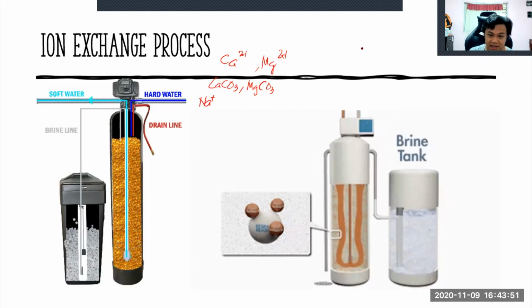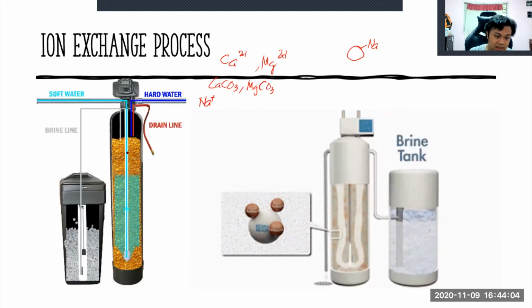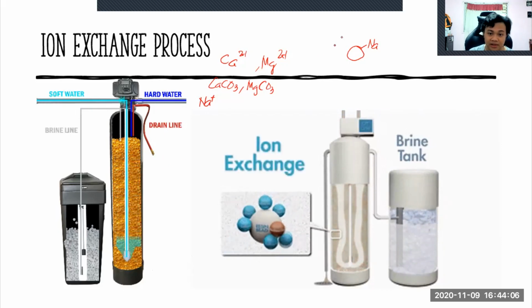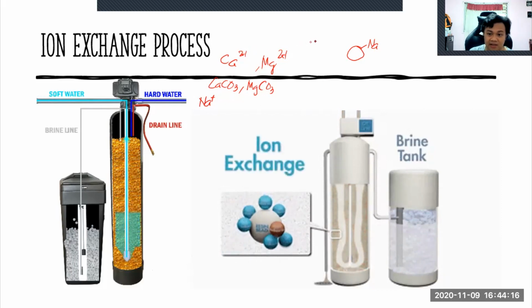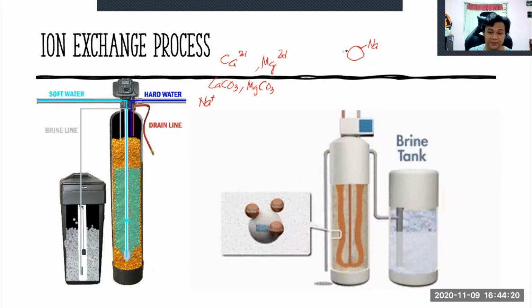So, as you can see, if this is a resin, the job now of the water softener is to replace the ions in our water with Na, or sodium.